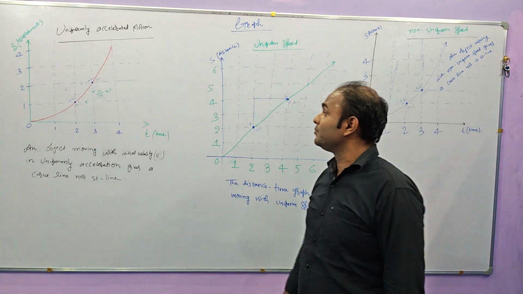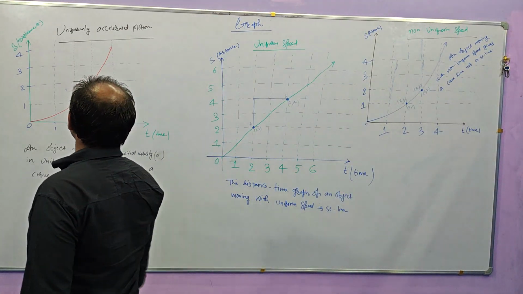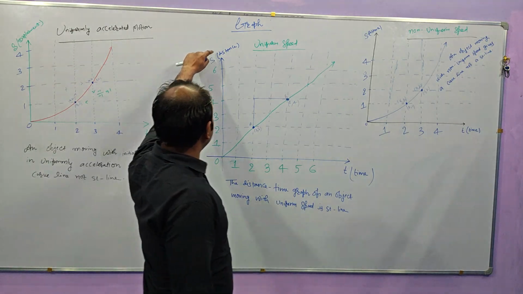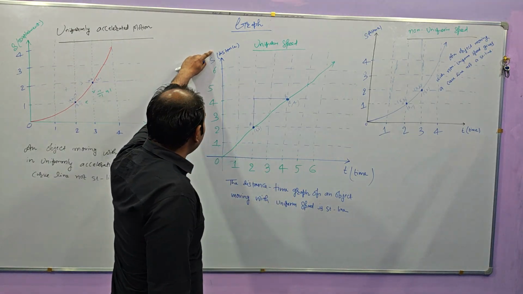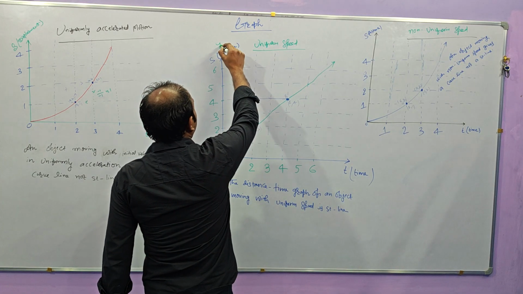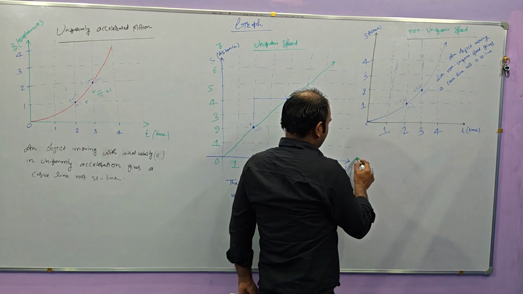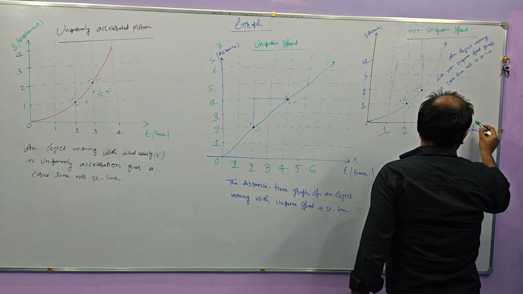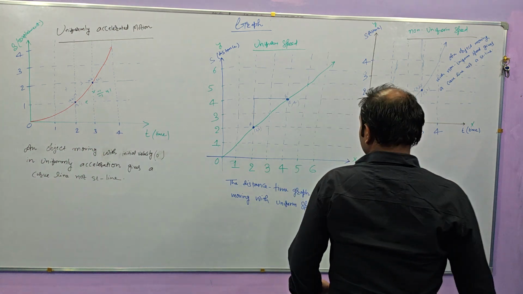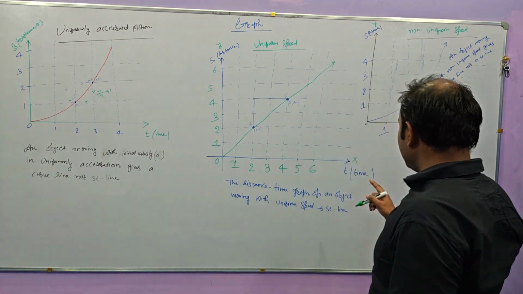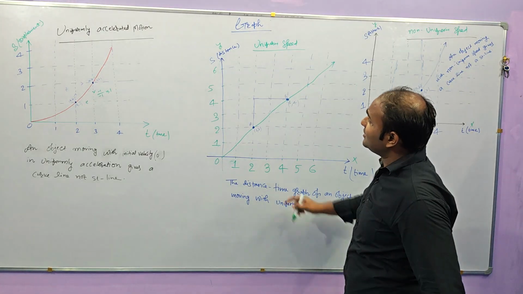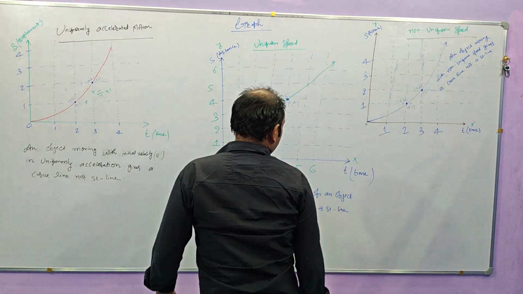So this is our x-axis and this is our y-axis, and distance is on the y-axis. So why do we represent time on the x-axis and distance on the y-axis?